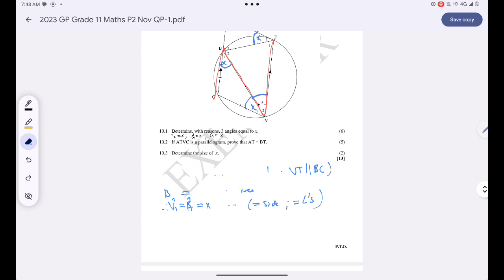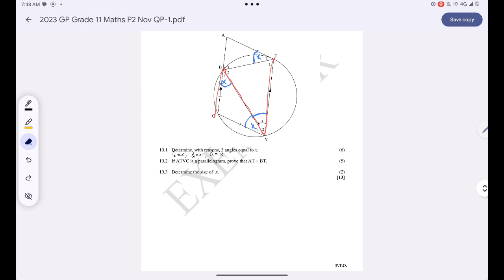Okay, if ATVC is a parallelogram, let me erase over here. Okay, if ATVC is a parallelogram, prove that AT is equal to BT. Where's AT? AT is equal to BT.